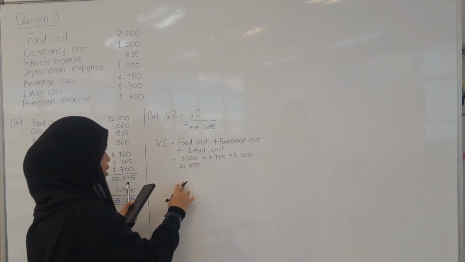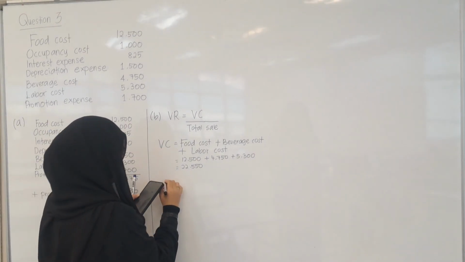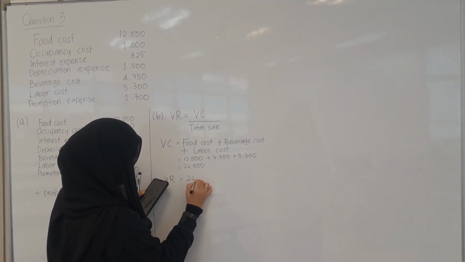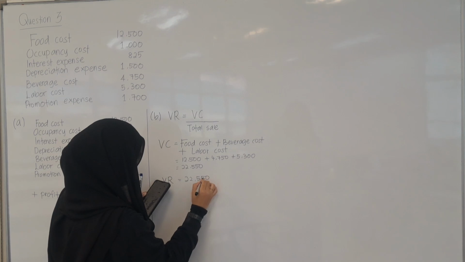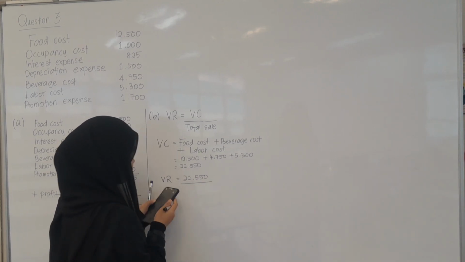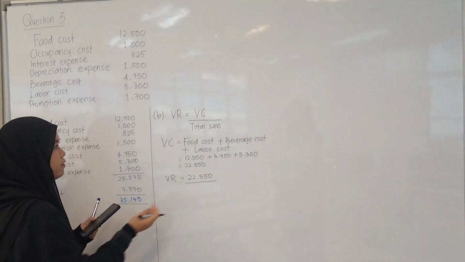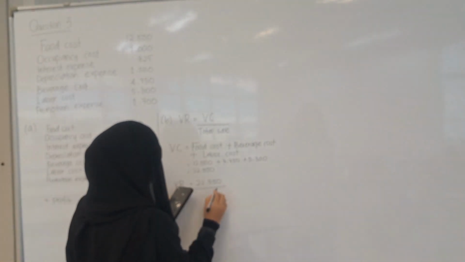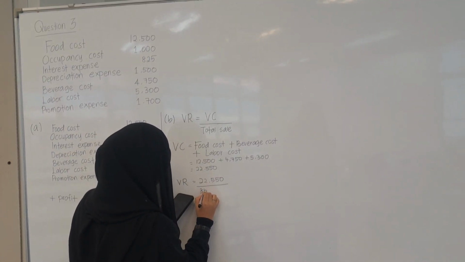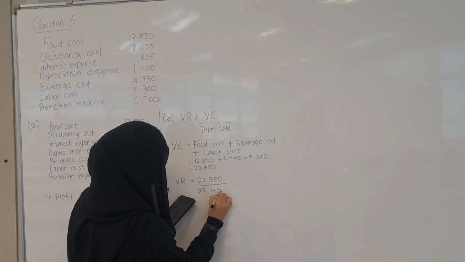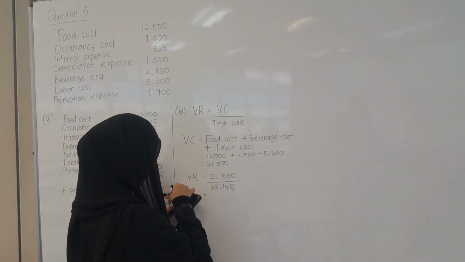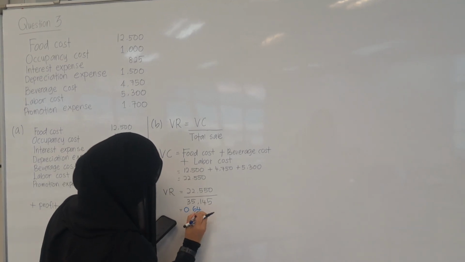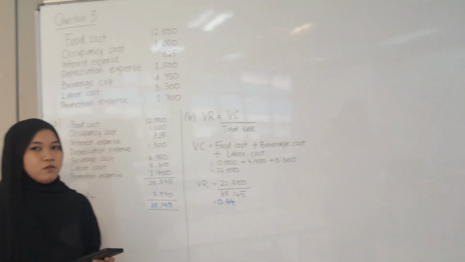So this is the answer for variable cost. Then we just divide the variable cost by total sales. So this is the answer for question B.